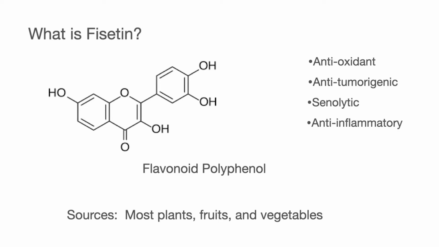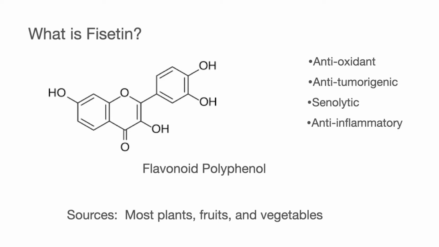So where do you get Fisetin, right? It's in almost every plant, vegetable, and many fruits, and in fact, the highest concentration of naturally occurring Fisetin occurs in strawberries. And simply adding these components, so strawberries, persimmons, cucumbers, a lot of leafy vegetables, all have reasonable quantities of Fisetin within them.